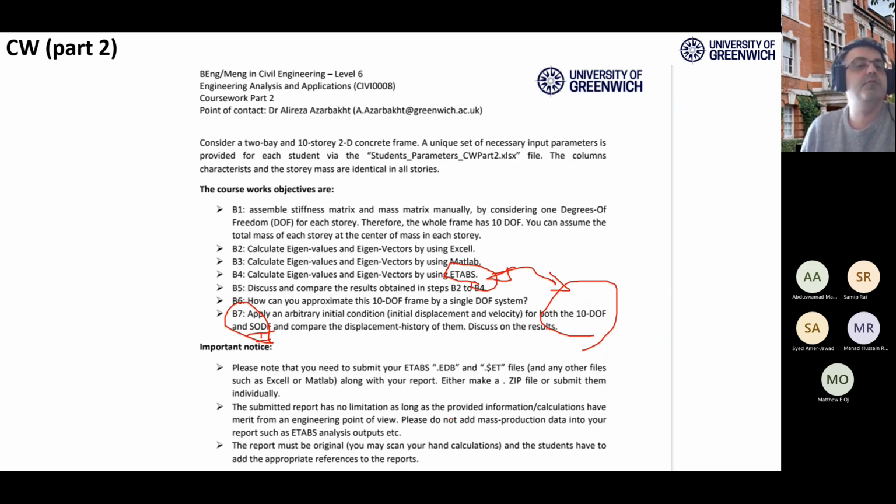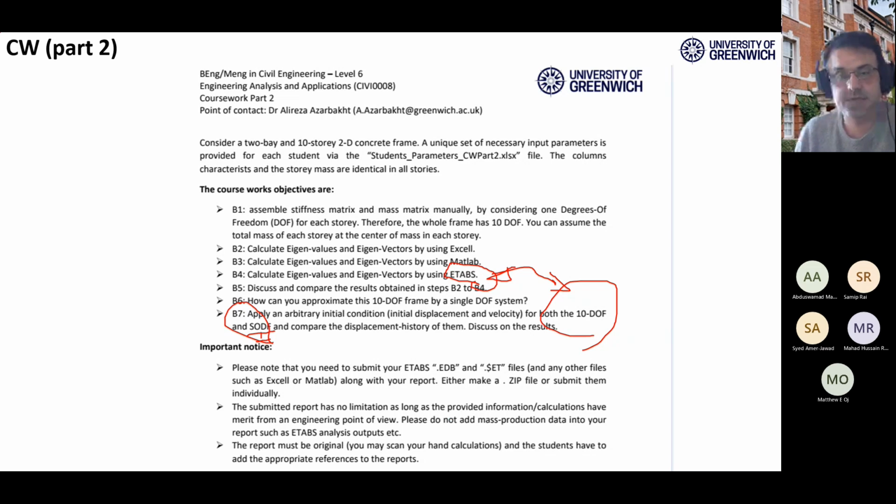Like in section B4, when you're using ETABS, you need to attach your ETABS files, and for the ETABS files, don't forget that you need to provide the extensions of EDB and $ET, because if you don't provide $ET, it is probable that I cannot open it properly.